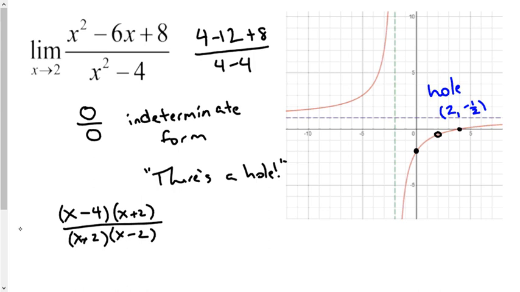And if we want to take this limit as x approaches 2, we know that we can cancel out these common factors. And by doing so, now we can substitute our 2 in using direct substitution. I get negative 2 over negative 4, which, nope.